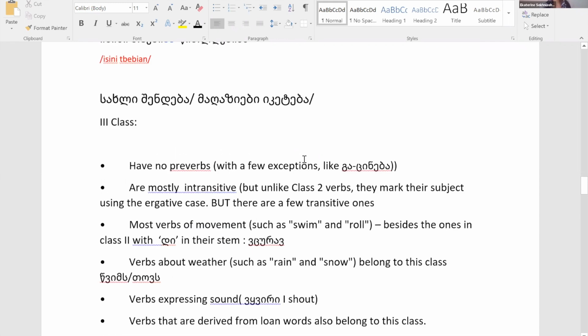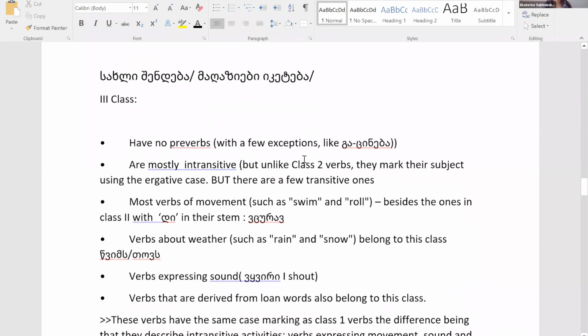Okay, მესამე კლასი, the third class, is very much similar to the first class. Some people think that they're just one class. The only difference is that the first class is usually with preverbs. Third class verbs don't take preverbs. They're mostly intransitive, but they have ergativity, so they take the ergative case in the past. Some of the motion verbs are in the first class, some are in the third class.